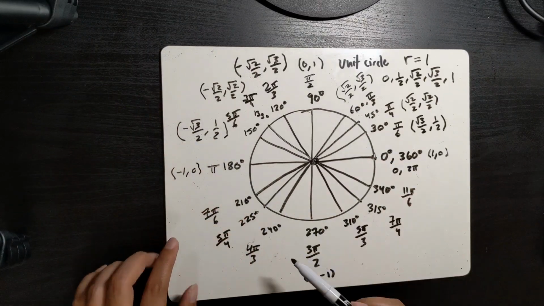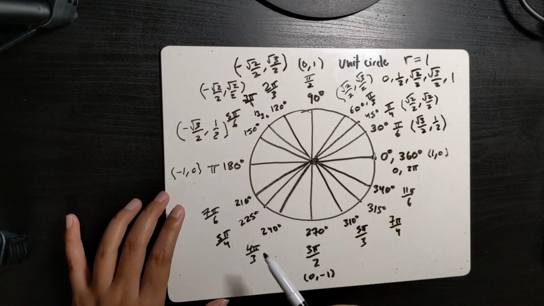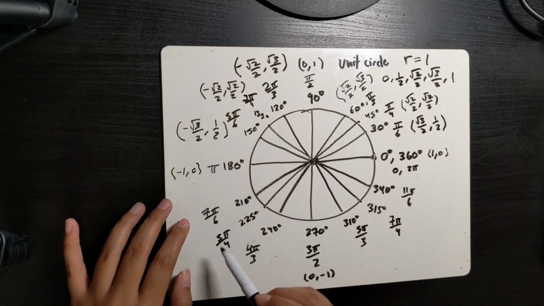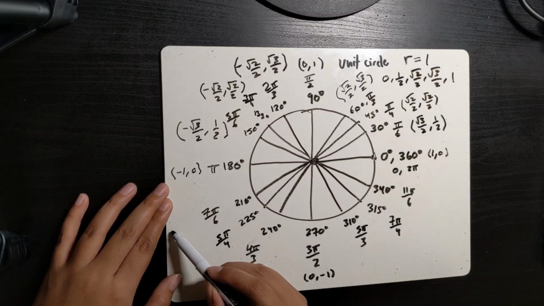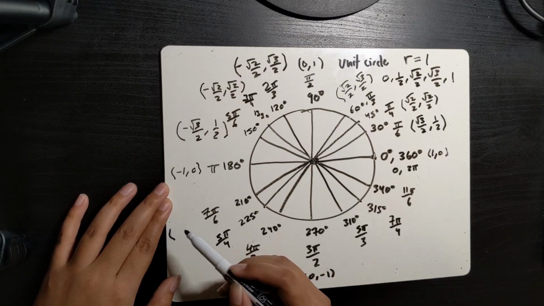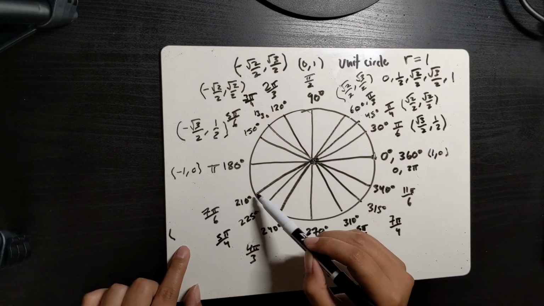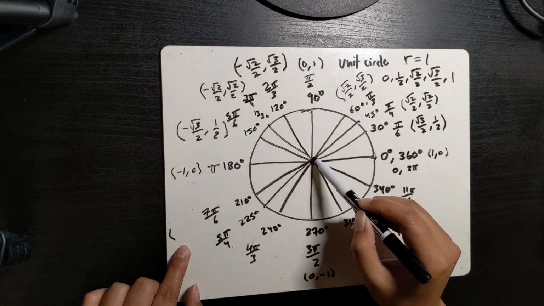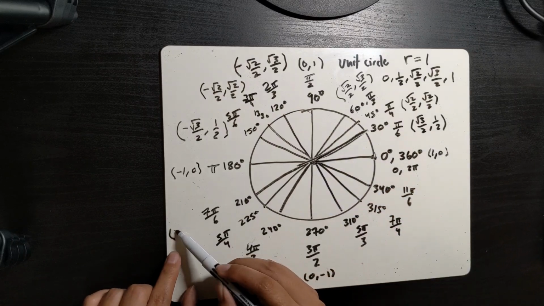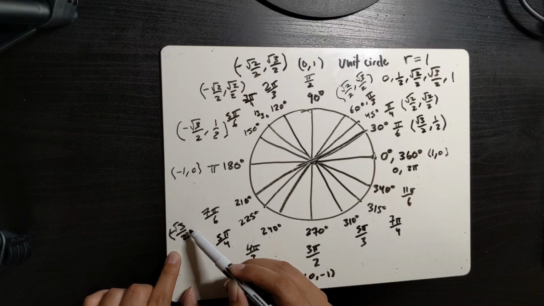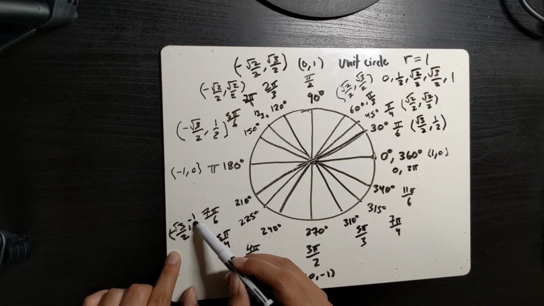Now, moving down here to the third quadrant, we have both our x and y negative. So both will be negative. We have to add a minus sign for both x and y. If we trace the 210, it's similar to the 30 degrees. So we have a negative square root 3 over 2, and a negative 1/2.